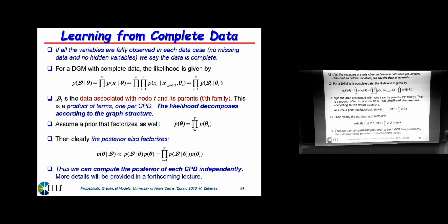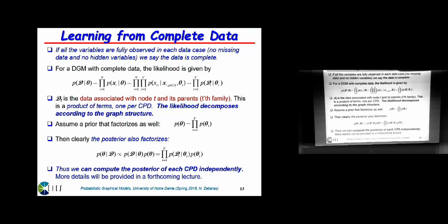This makes sense because the distribution factorizes and every conditional distribution affiliated with a node has this theta t, so you can put a prior that looks like that. And then the posterior factorizes over nodes as well. So you can do Bayesian inference to compute theta t at each node separately. I'm going to give you a very specific example soon, but these two equations are extremely important here.